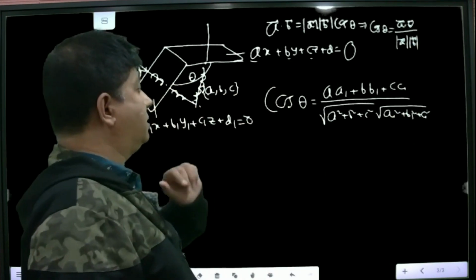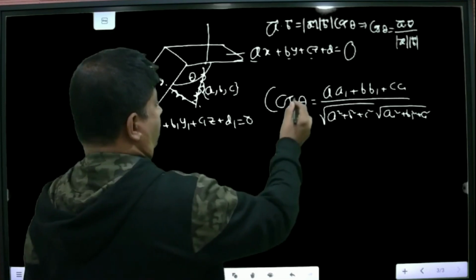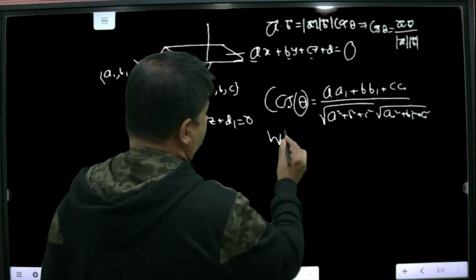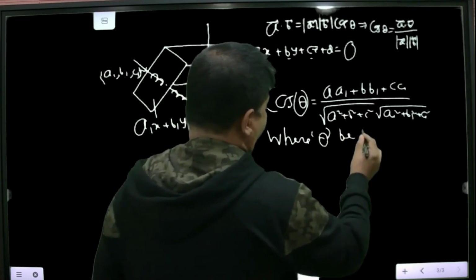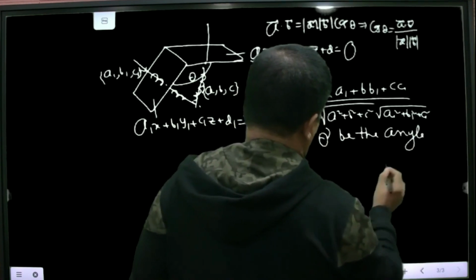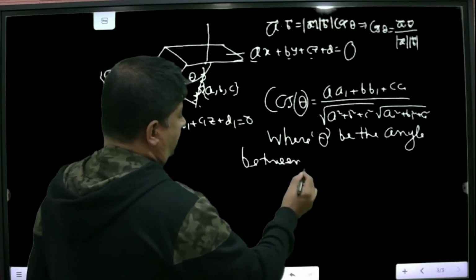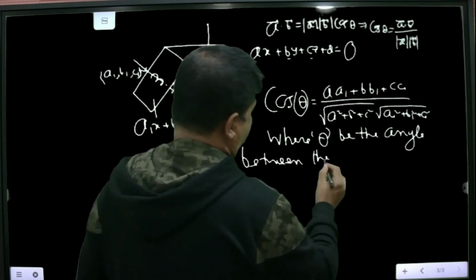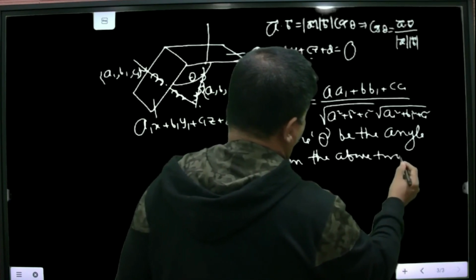So this is cos theta, the angle between two planes, where theta is the angle between the above two planes.